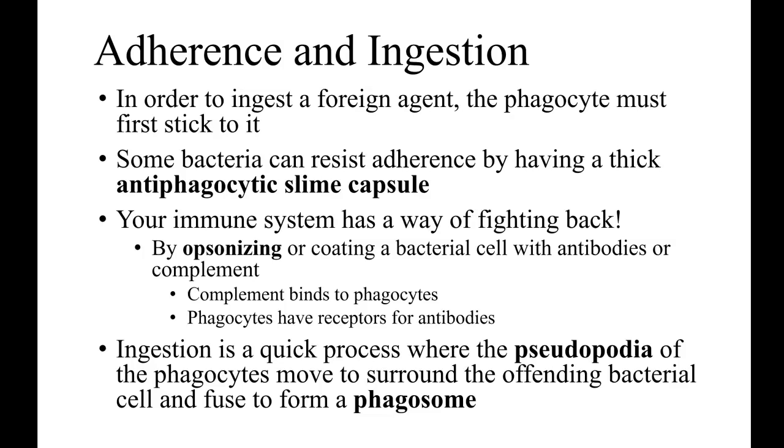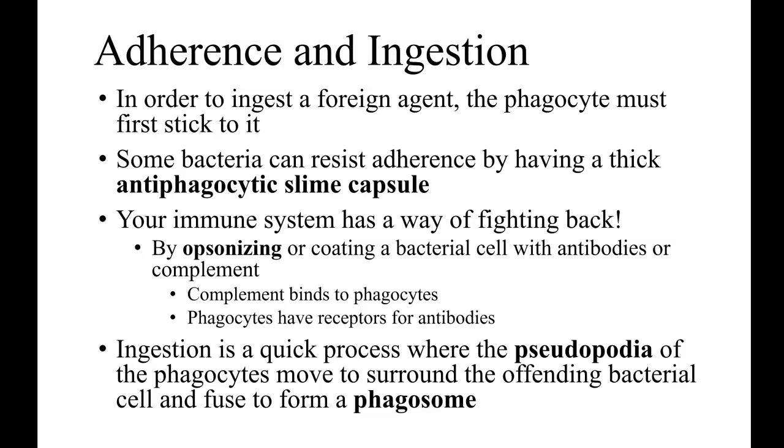All right, so now they've got to bind. They've got to adhere to these foreign agents. Just like with bacteria, if you remember, I talked about virulence factors: if a bacterium can stick to a cell, it's going to be more dangerous. A phagocyte has to be able to latch onto the pathogen in order to phagocytize it.